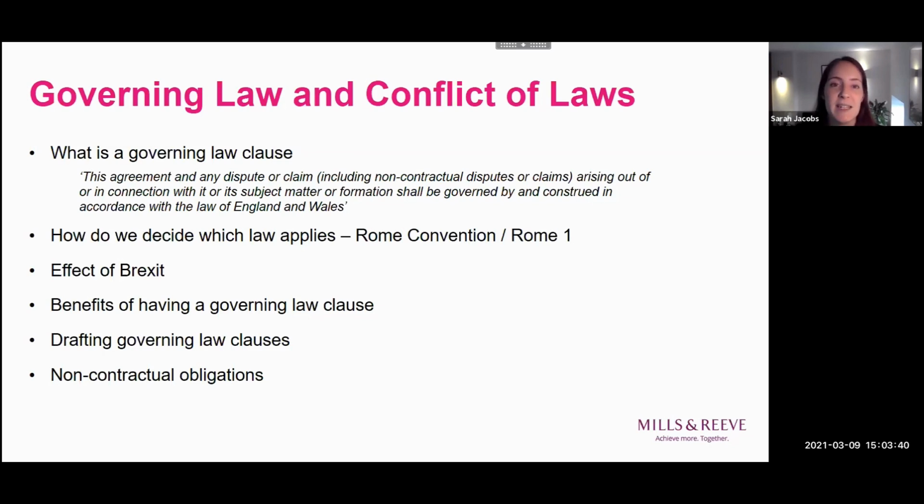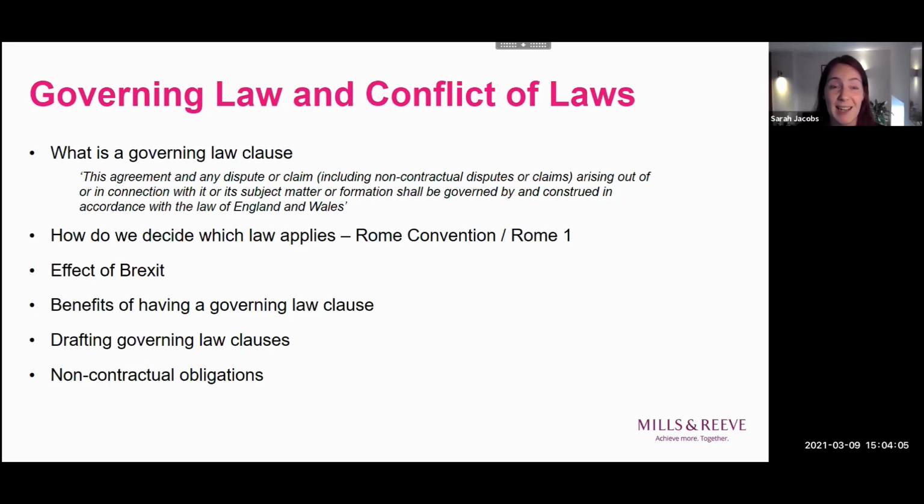But what if there is an international element? So you're contracting with a party who is based overseas, or the work is to happen overseas. For example, say I enter into a contract with a company that is based in China and we get into a dispute. How do we know whether UK law applies or whether Chinese law applies?